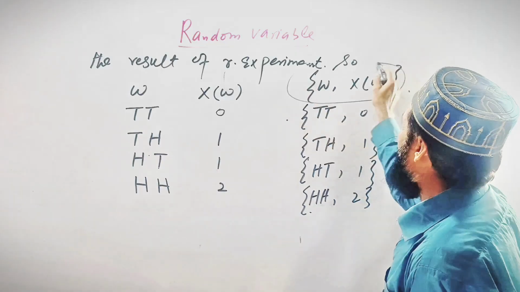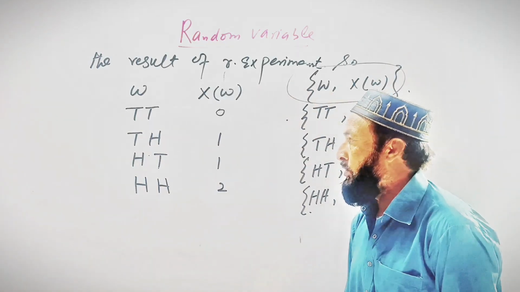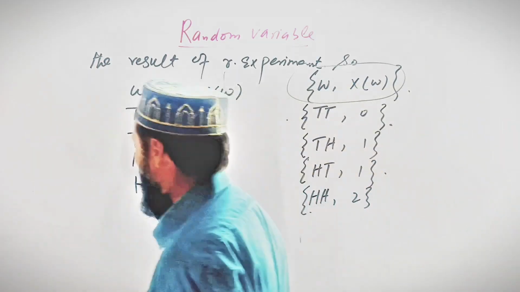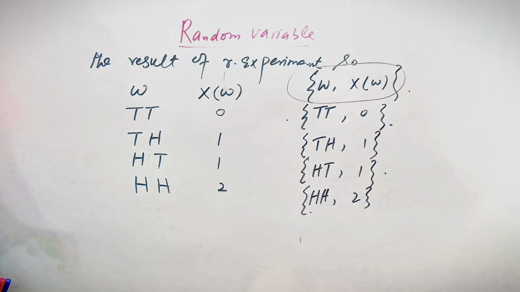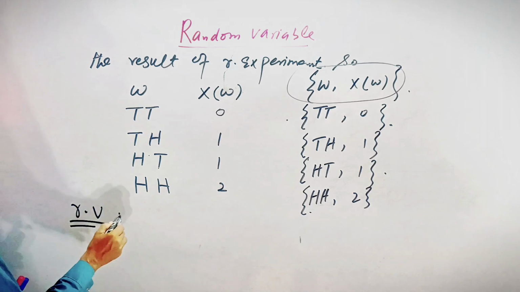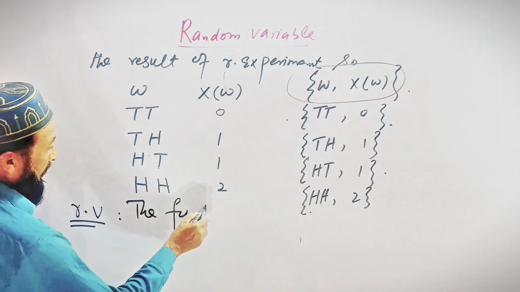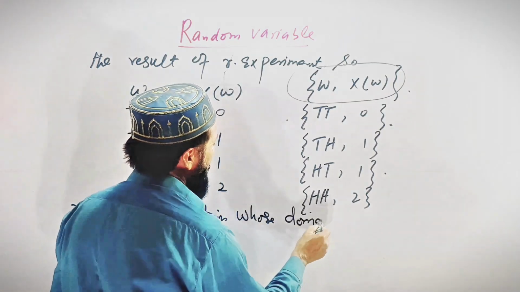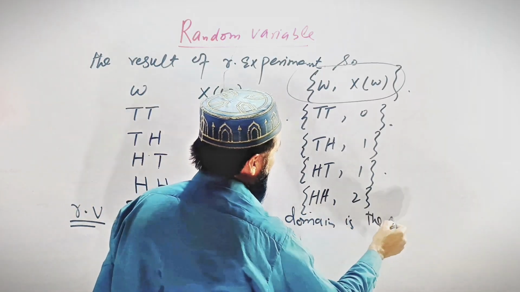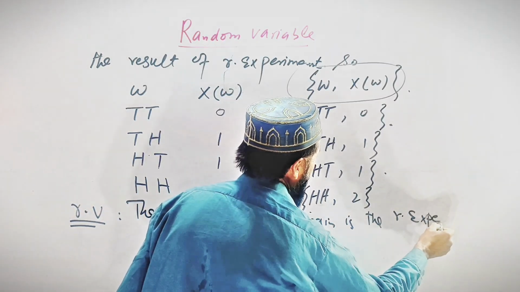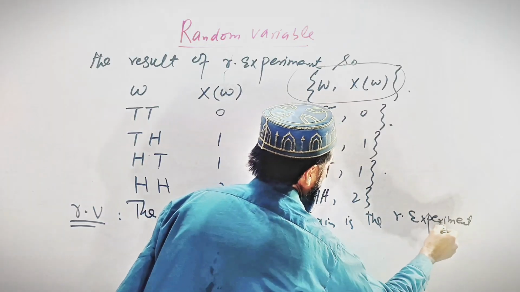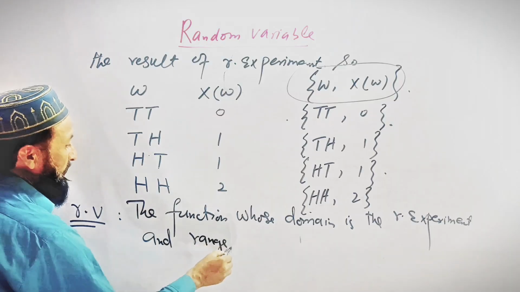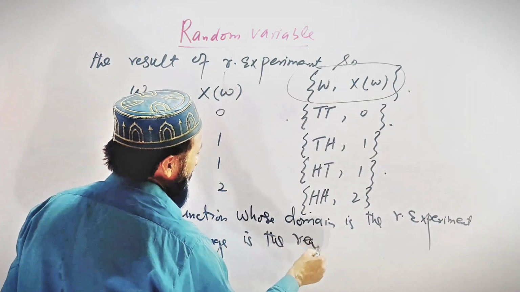So we get this in the form of a function, so it can be more rigorous. We can say that a random variable can also be defined from this diagram, from these results. A random variable is a function whose domain is the random experiment and range is the real values.